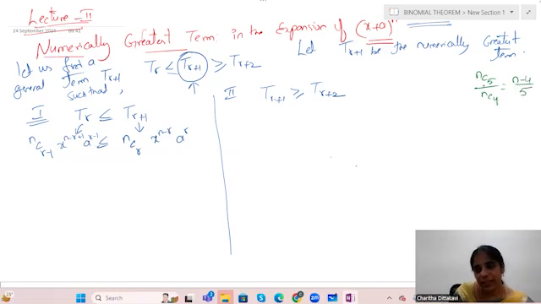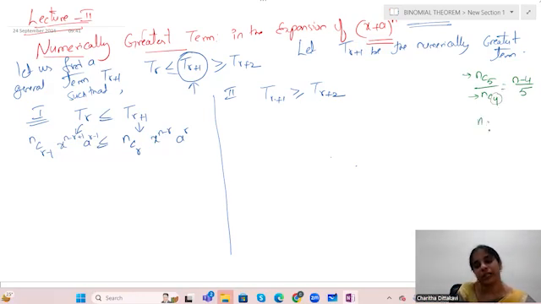Clear? So if both n are the same and you are selecting 5 terms and 4 terms, two consecutive ones with the bigger one on top and the smaller one in the denominator, when you consider nC5 by nC4, your answer is (n minus 4) by 5.